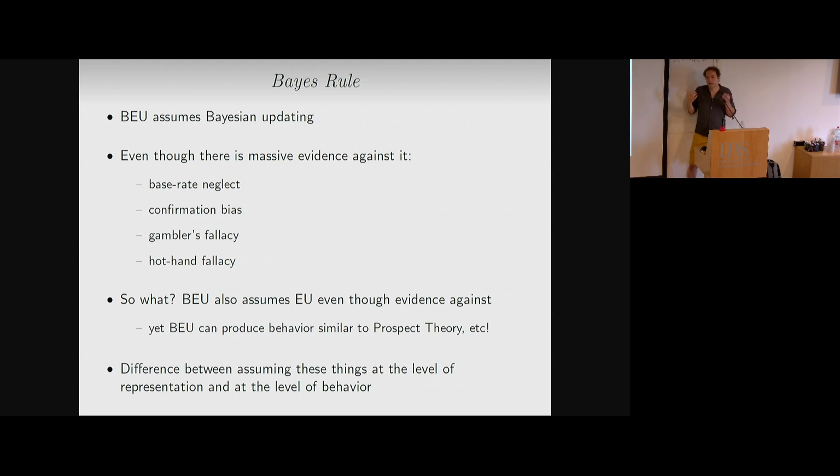So that makes me a little bit less troubled about using Bayes rule. The true reason is that, of course, there are infinitely many of these paradoxes, and each of them has a separate model. And so I wouldn't know which model to plug into the Bayesian expected utility model instead of Bayes rule. And each of them would lead to a different prediction. And so maybe it's a little bit too early to depart from Bayes rule at this stage.